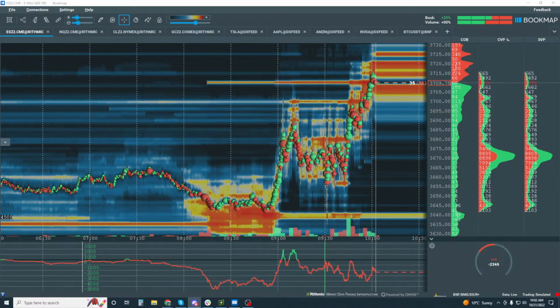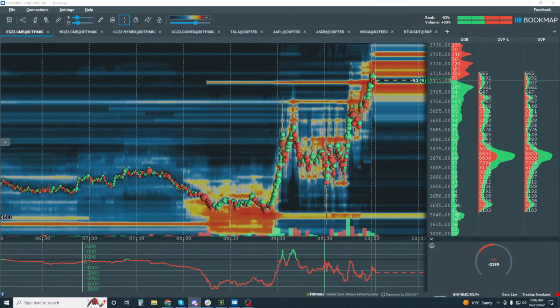And what do you guys see here? In Discord, I think you guys can hear me. So let me know here. We've been covering this and how important it is to understand order flow, and it's just screaming at us here.